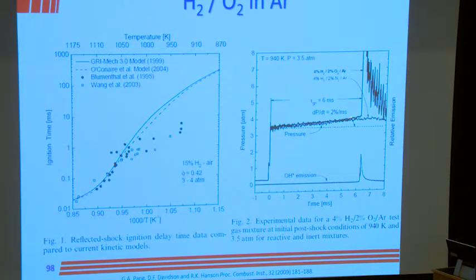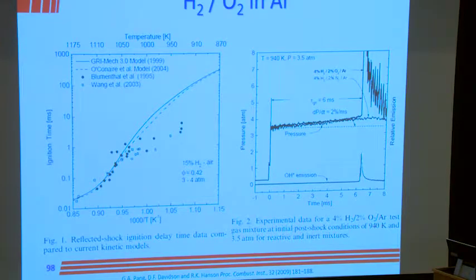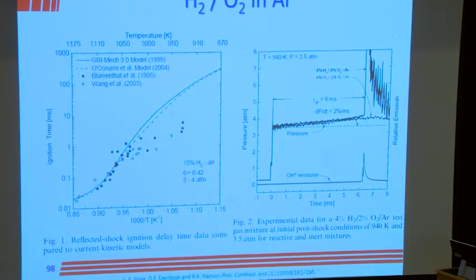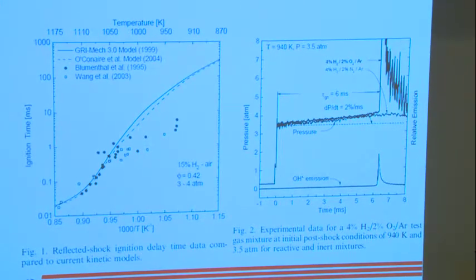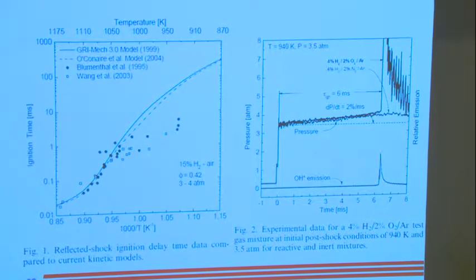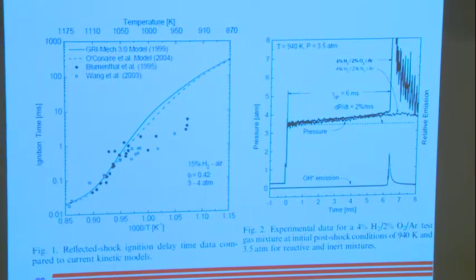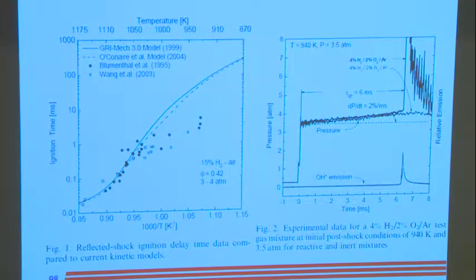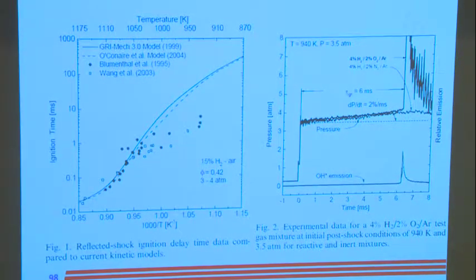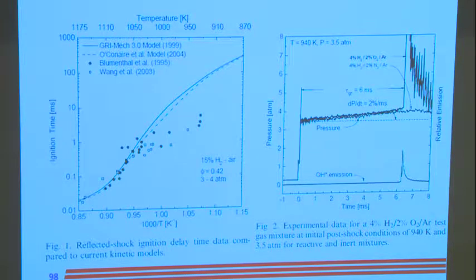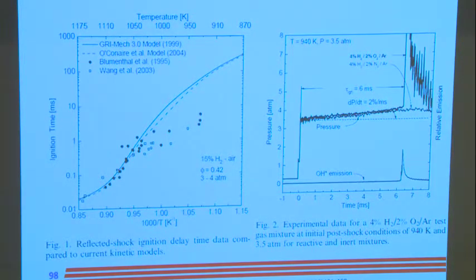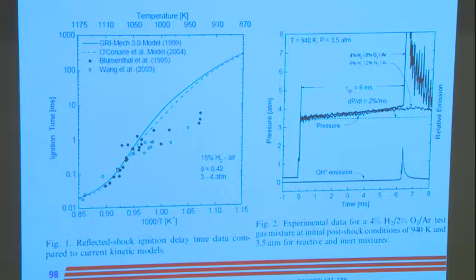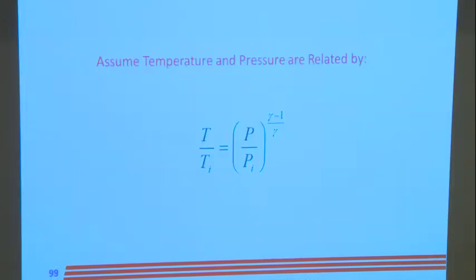For a lot of fuels, this actually doesn't matter too much. We found for larger hydrocarbon fuels, you have to include it, but it doesn't make a big difference in our simulated result. But for hydrogen, it makes a big difference because hydrogen is so reactive and sensitive because of the H plus O2 reaction.